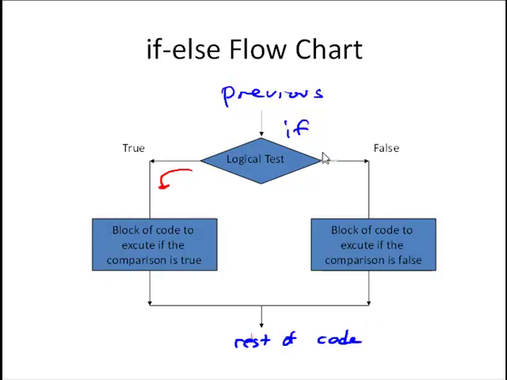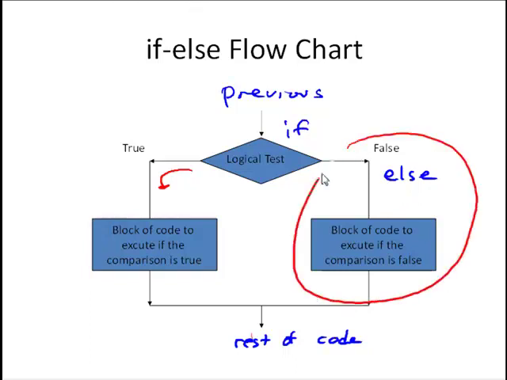If it's false, we'll go this way and execute a different set of commands, and this is off the else statement. And again, this whole set, having an action to do if it's false, is optional. It's not necessary.